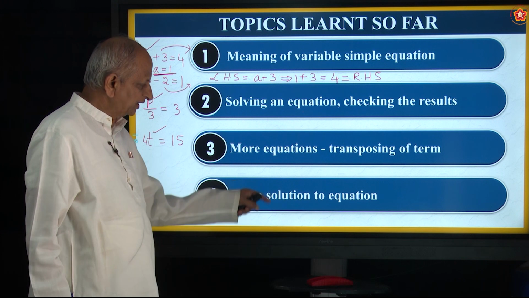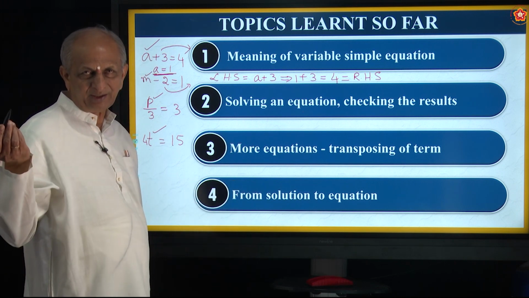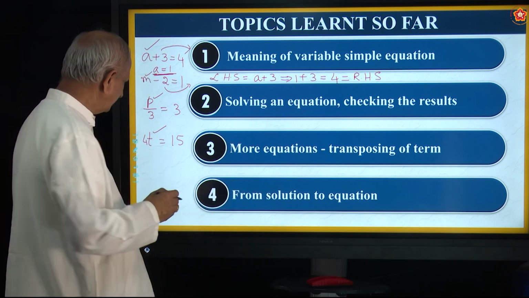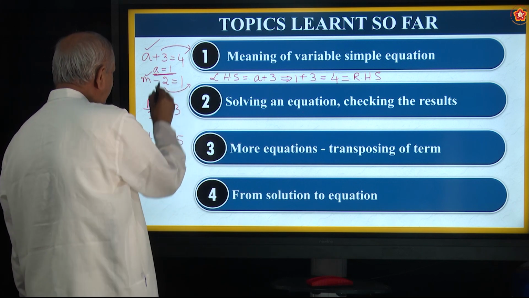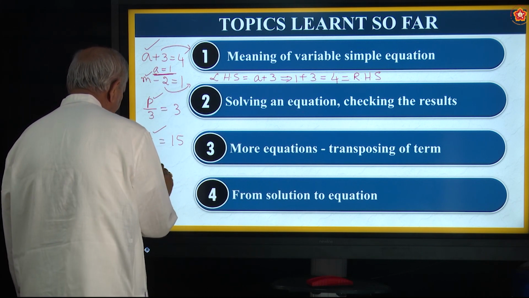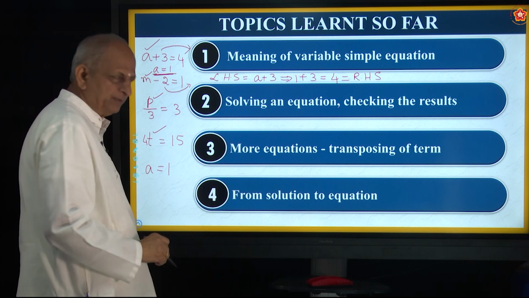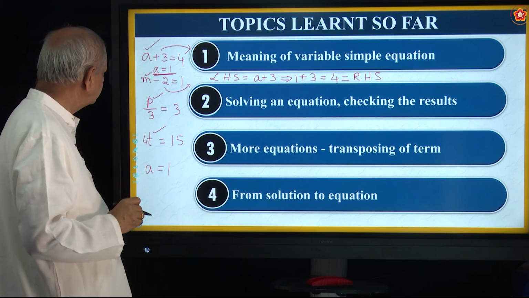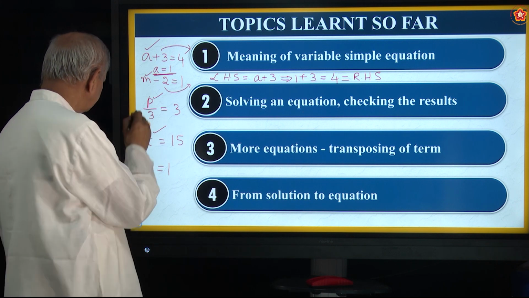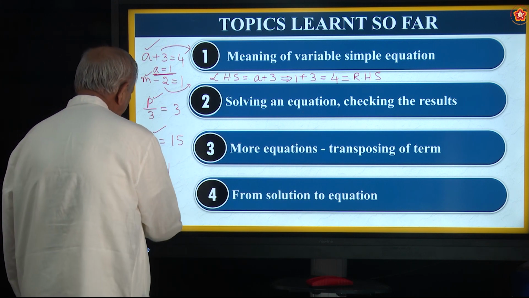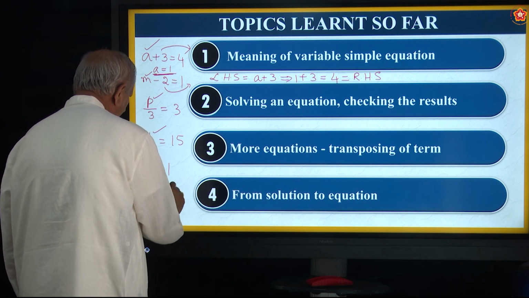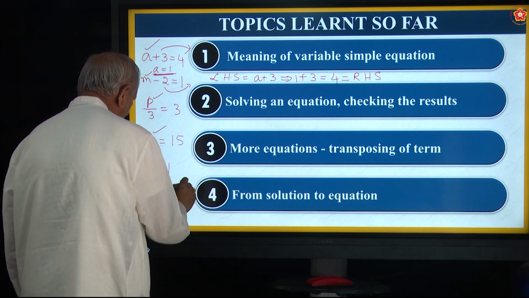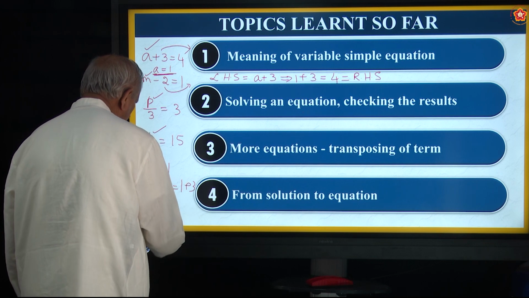And also, if solutions are given, you can write the equations. For example, here the solution is given, A is equal to 1. From A is equal to 1, you can write the equation. So, add 3. Adding 3 means it becomes A plus 3. When you add 3 to the left hand side, you must add 3 to the right hand side also.